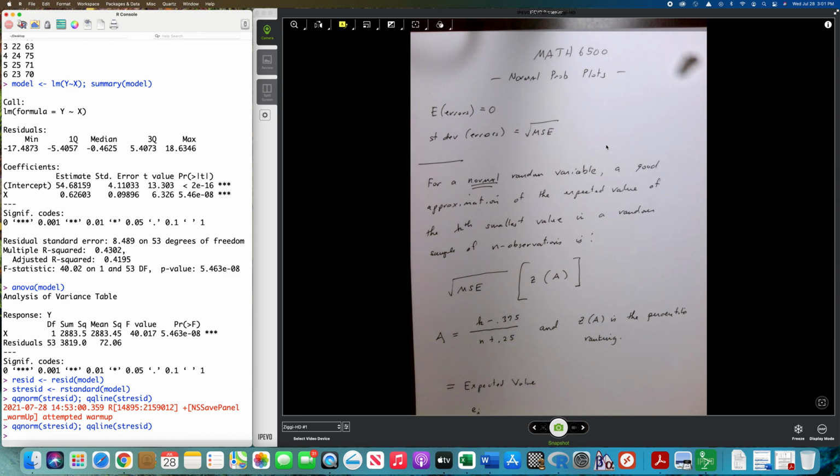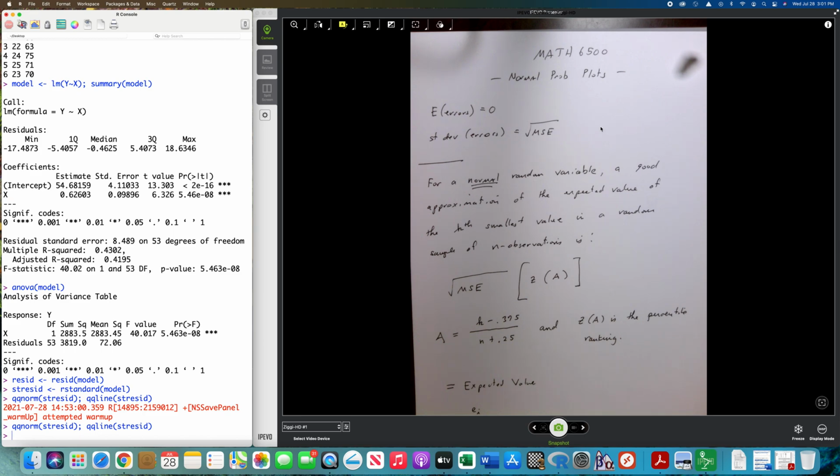Then we'll look at the deviation. Again, we're assuming we have normality, we're calculating these expected values based on what we should get if we have normality, and we're comparing the two. Any deviation from that y equal x line means a departure from normality.